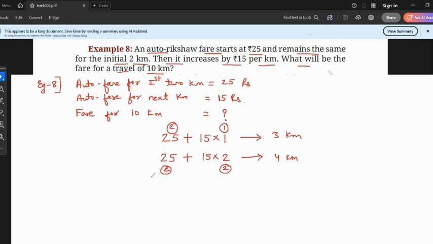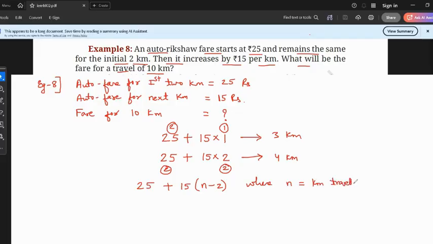Looking at the situation, I can make the equation as 25 plus 15 extra, and you should write n minus 2. Why n minus 2? Where n is equal to kilometer traveled.